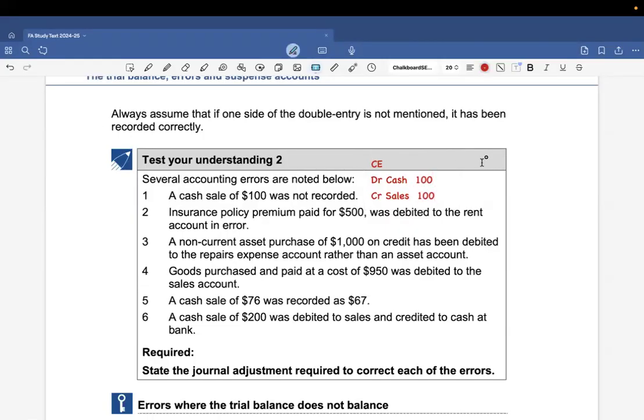Since they haven't recorded it at all, there is no wrong entry, it's nil. And the rectification entry is the same as the correct entry.